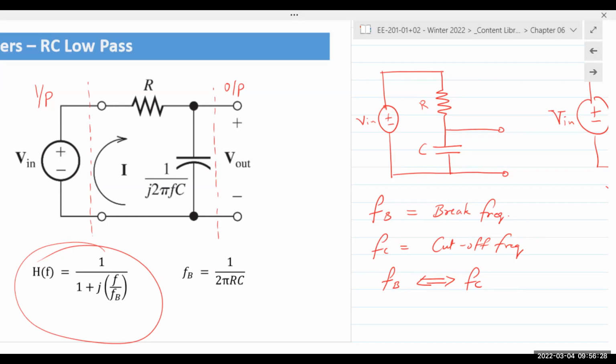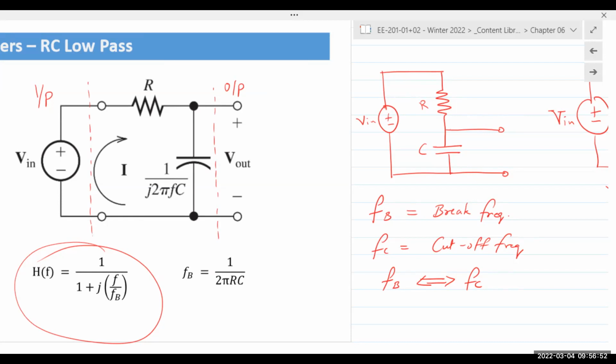And you will see in a few slides next class, whether it's a low pass made out of RC or RL, a low pass filter will have the exact same transfer function. So you get the equation 1 over 1 plus j f over FB. It's H of f, meaning f is the variable, right?